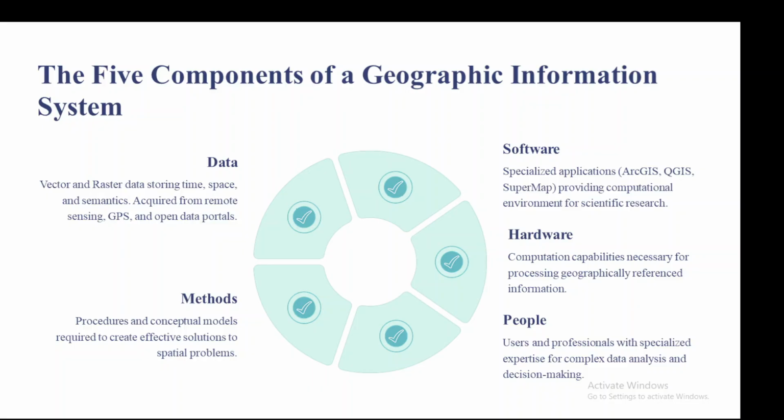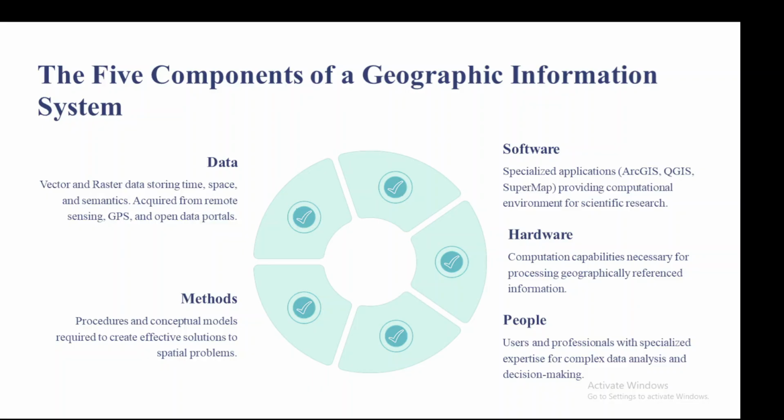So GIS is a collaboration between humans and machines, where human intuition and machine computation come together to solve problems which have a geographic relevance.